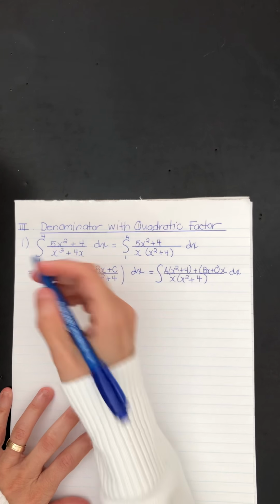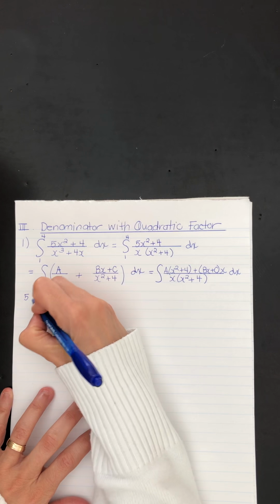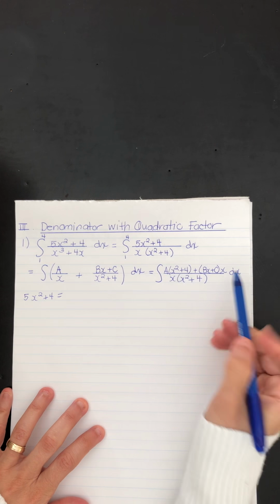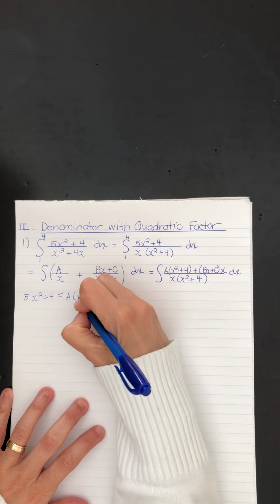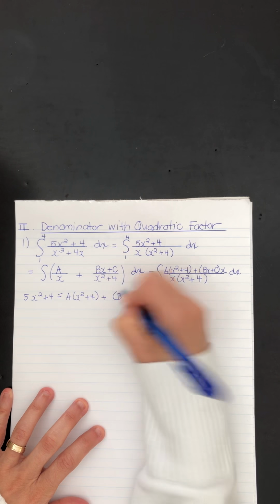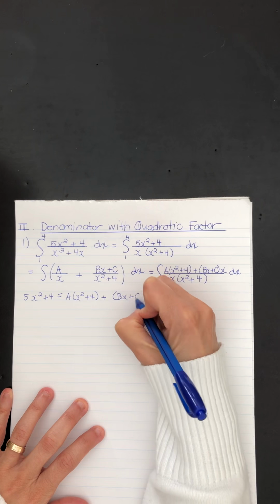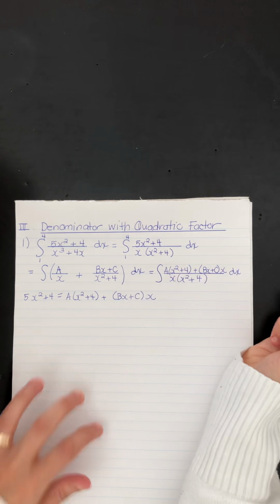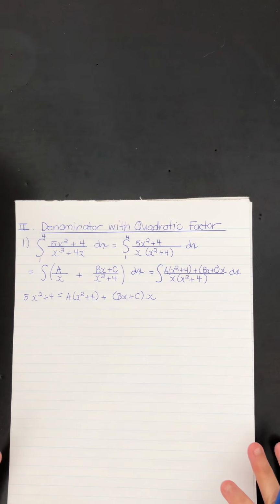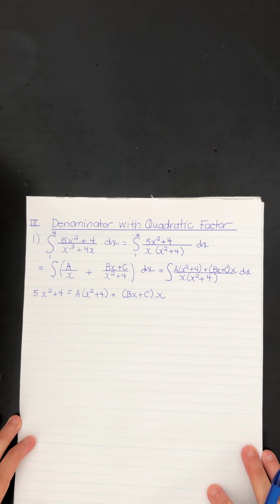Take that original numerator and set it equal to this new numerator. Like that. And you'll now notice that what we need to do here is solve for three unknowns, a and b and c. Of course, we've learned the skills for doing this.